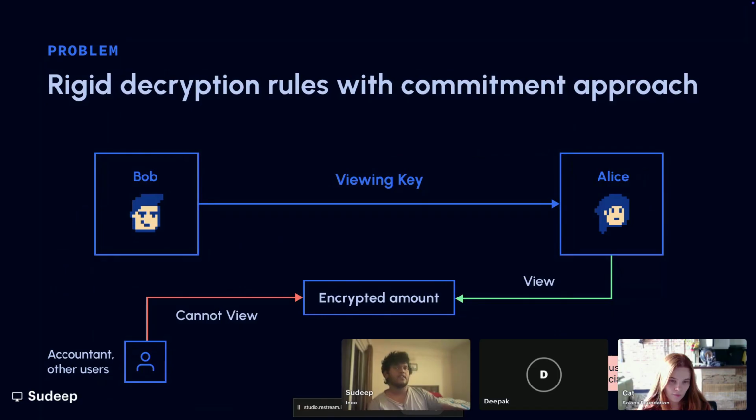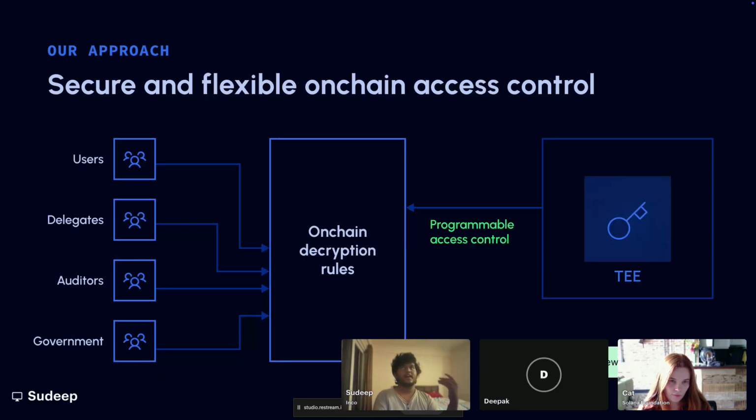But with TEEs, we have something called an access control list, where you can allow only a specific ciphertext or only a specific state change to a person. So you can have delegatees, auditors, and other government entities able to see certain transactions that are relevant to them, and they'll not be able to see things that do not belong to them. So it gives you granular access control.